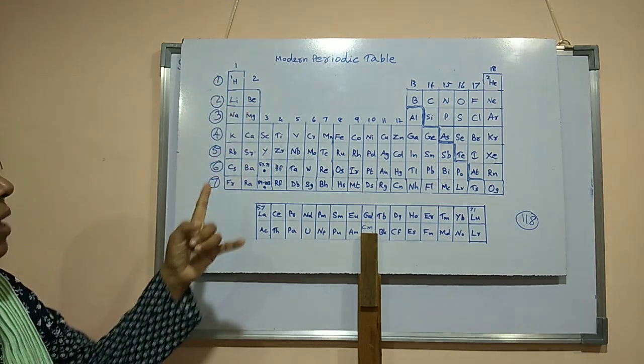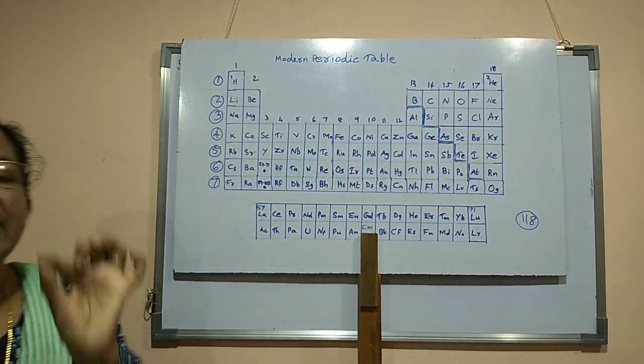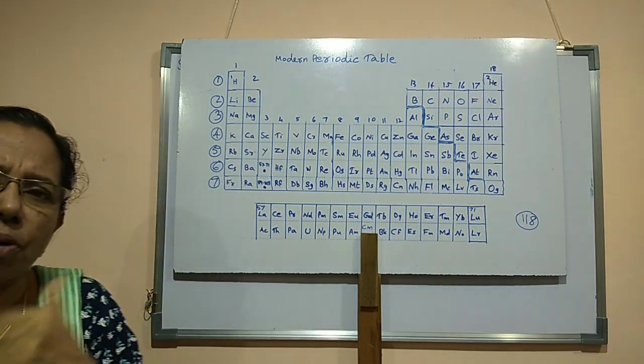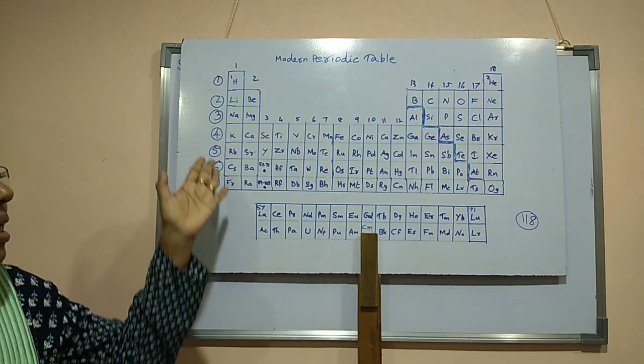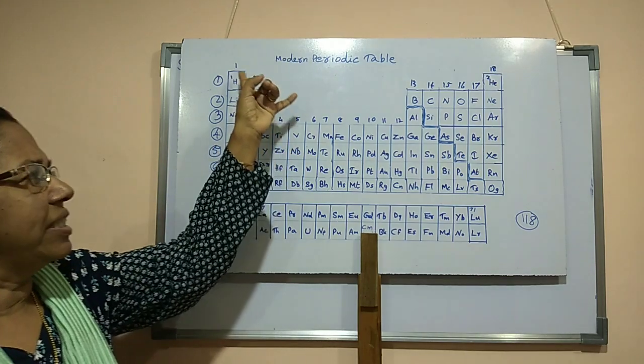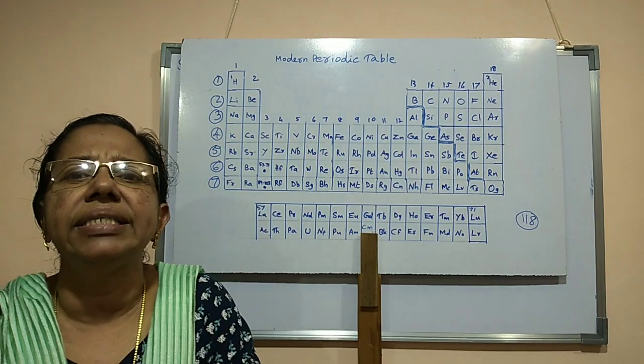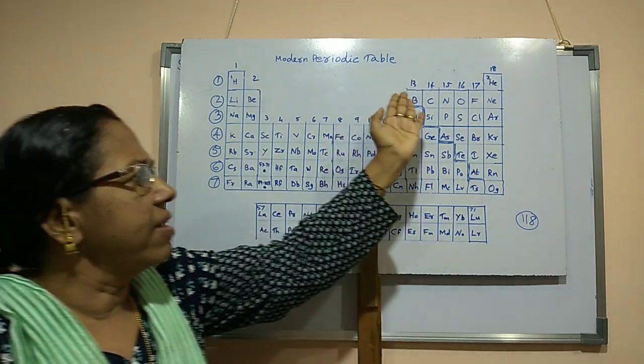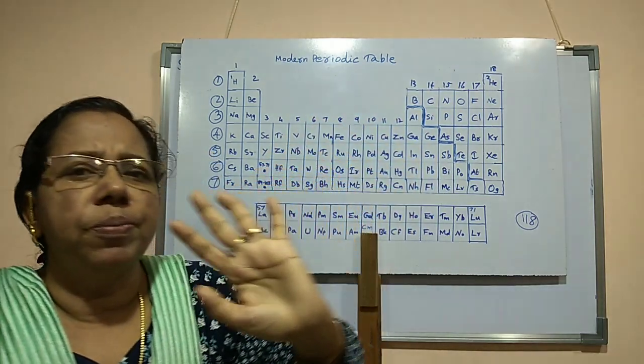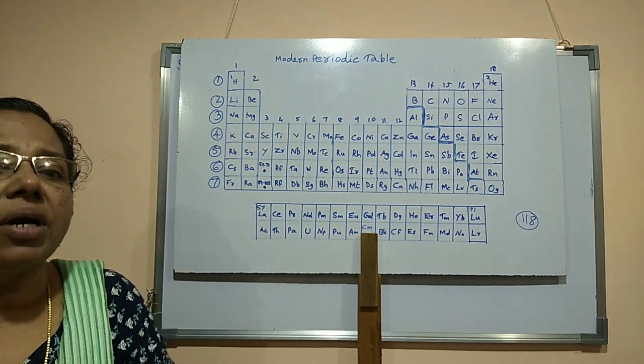You people already studied this, the same thing I am repeating now. So the first as well as second group is known as S block elements, and groups 13 to 18 are known as P block elements.